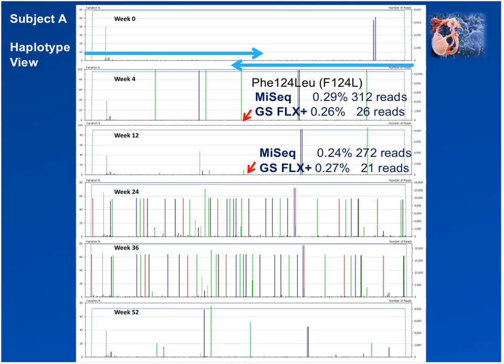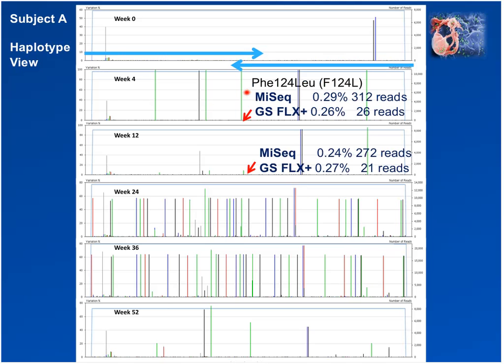We've been looking at, in previous slides, data for K65R, which is at this end of the target, K70E very close to it, and M184V at this end of the target. But we really didn't have any drug-resistant sites that were of interest in this particular study for these specimens that are actually in the overlap.